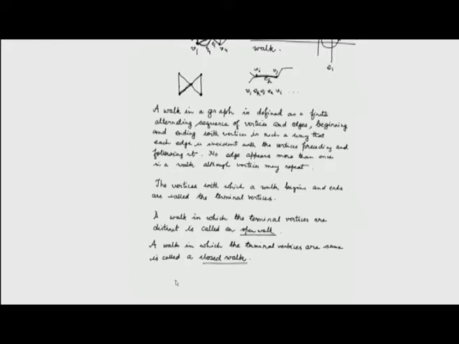For example, I go like this, then come back like this, then go like this and come back here. Starting from here I arrive here, it is a closed walk. Now, if I start from here and let us say move like this and come here, then it is an open walk.